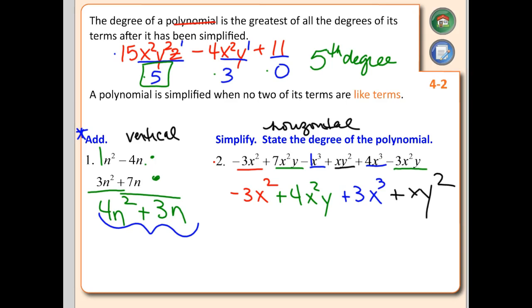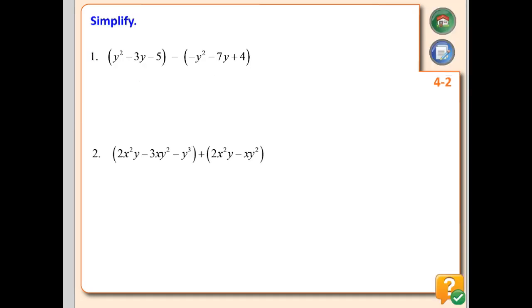Now if you look, is there any two terms I can combine? No. And that's why this is called simplified. It's simplified when no two of its terms are like terms. So we're done. You've got to decide, do I like the vertical method or do I like the horizontal method? Now, we've been talking about addition, but what happens if I have subtraction?